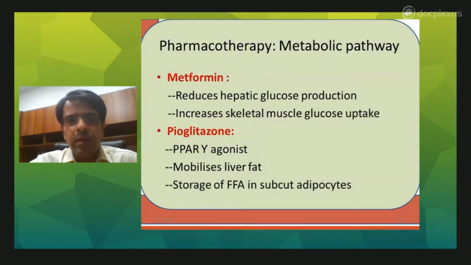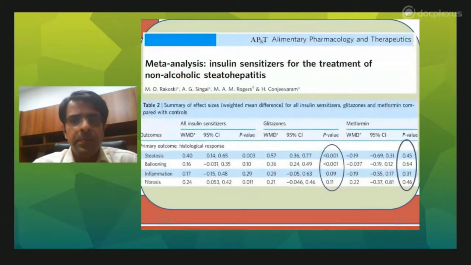The pharmacotherapy available includes drugs which act on metabolic pathways, that is metformin and pioglitazone. We know these drugs; they have been used for the treatment of diabetes. There are studies where metformin and pioglitazone have been shown to improve steatosis or hepatocyte ballooning, but they are not very effective in reducing inflammation or fibrosis.